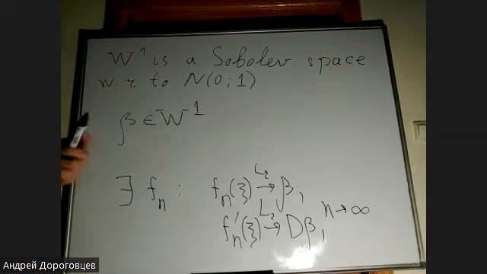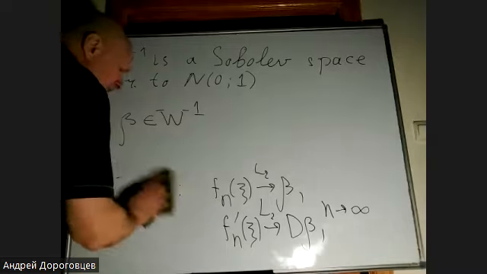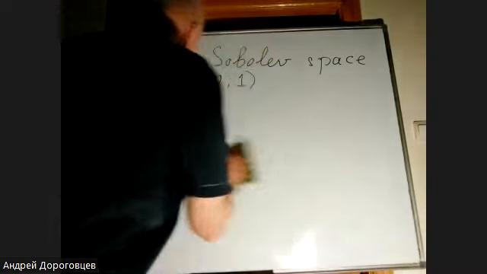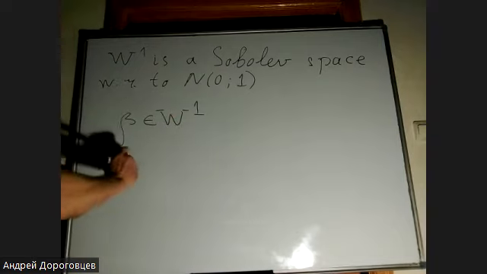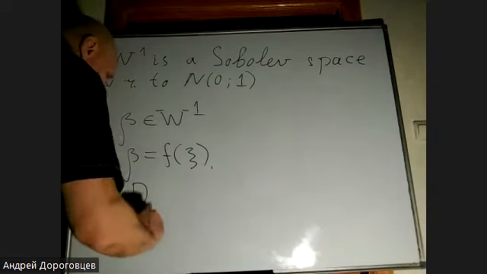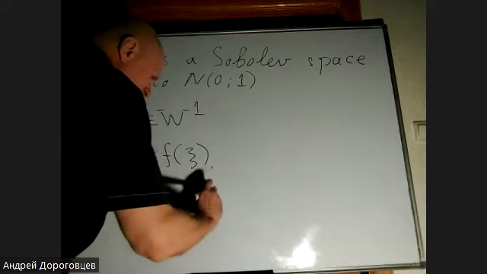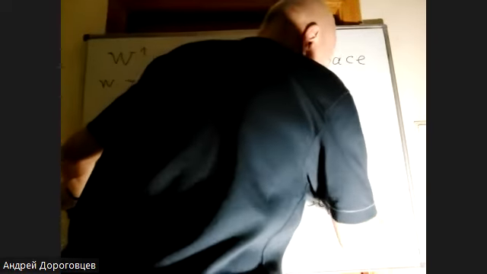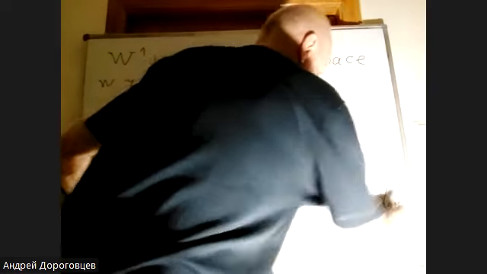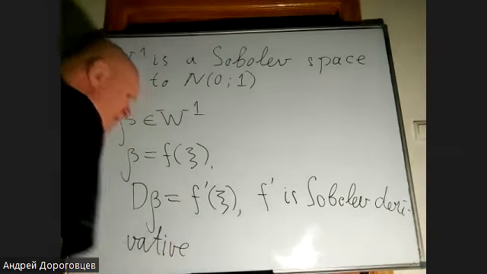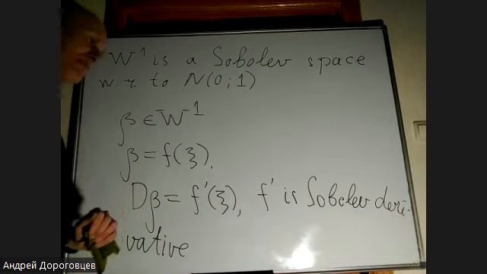So, in this way, we understand that with every beta which belongs to W1, we associate this representation f of psi, and d beta is equal to f prime of psi, where f prime is the Sobolev derivative, namely, the limit in the square mean of the usual derivatives when we approximate the function.